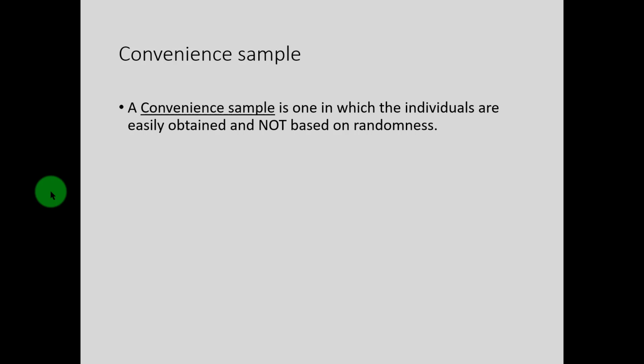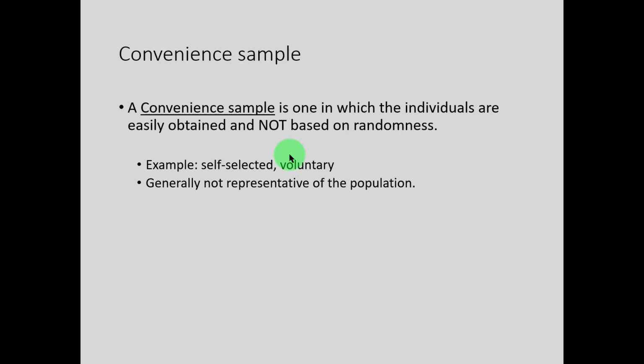Some examples of this are where volunteers are utilized for the study, or the individuals are self-selected in some way. Because the sample is not based on randomness, these types of samples are generally not considered to be representative of the population. And when that occurs, that means that there is some bias in the sampling method. So I call that a 4-lettered word, the B word, bias.